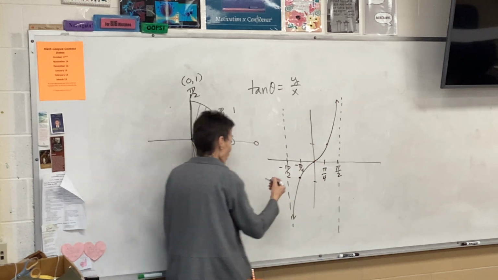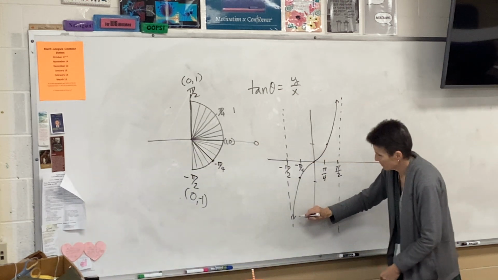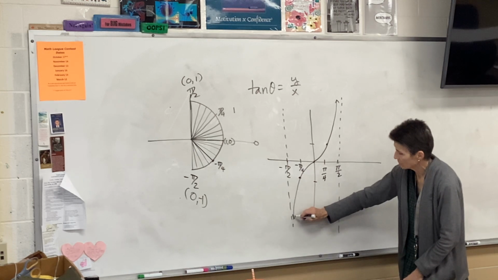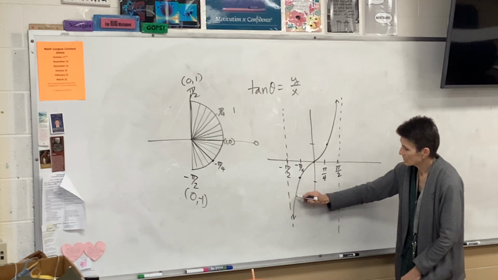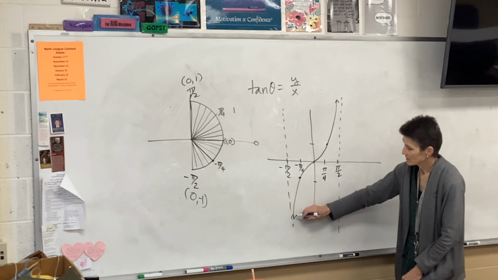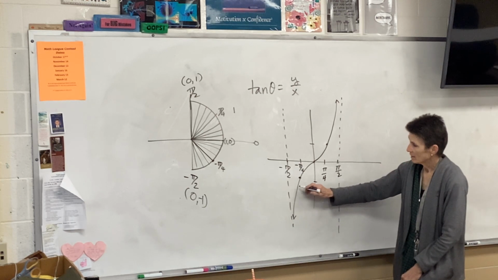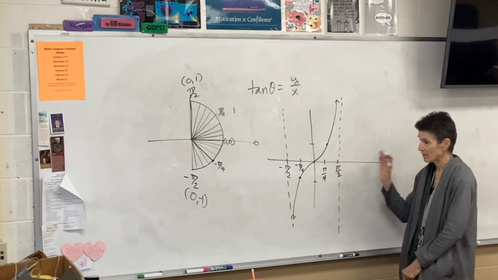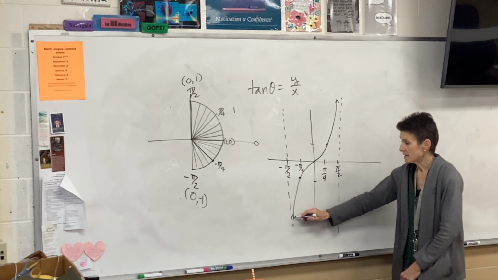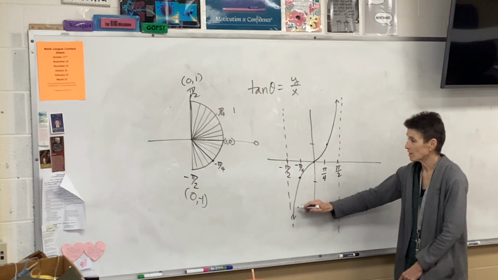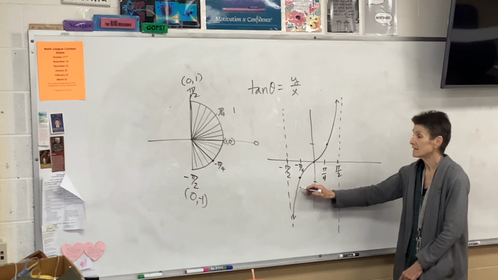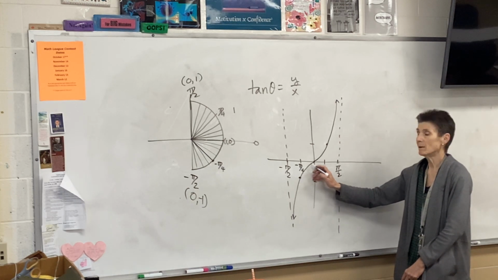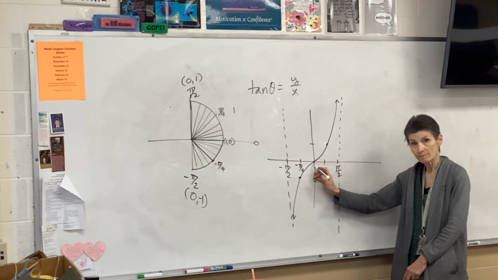So as we draw this curve left to right, my slopes are increasing, going this way now. This is how I have to look at it, left to right. As I go left to right, my slopes are increasing, but at a decreasing rate.